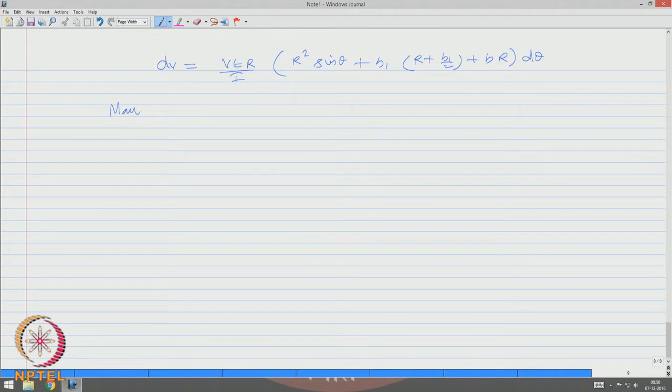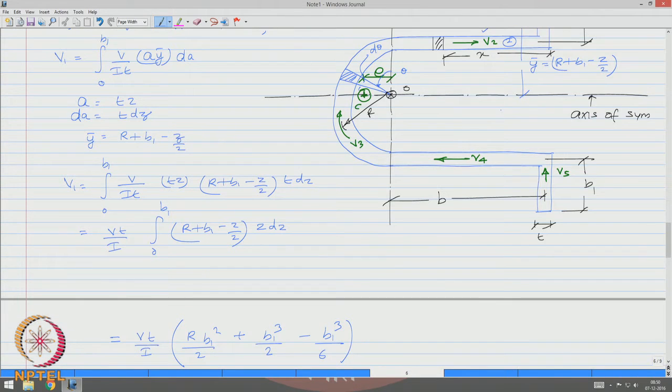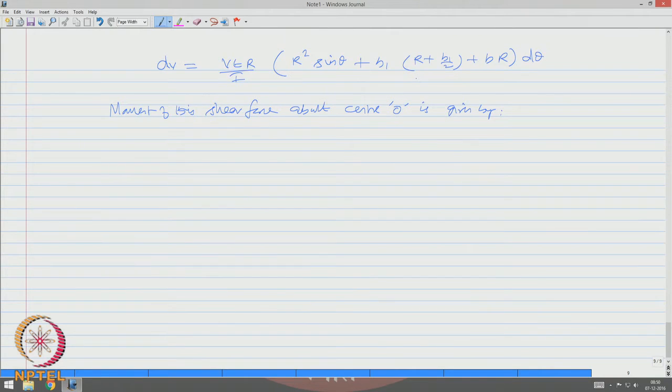Now, we want to take moment of this force. So, moment of this shear force about center O, we are taking moment about this point, is given by dm is equal to tau r dA, because that is the distance, is now going to be V t r square by I, r square sin theta plus B 1 of r plus B 1 by 2 plus B r d theta.